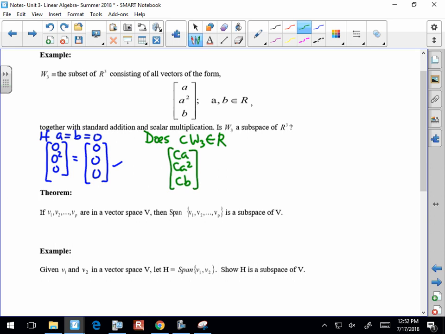You can put in particular values if you want, just to test it out. If I choose C equals 2, A equals 7, B equals -5, it really doesn't matter. It's still going to have that same form: real, real, real.